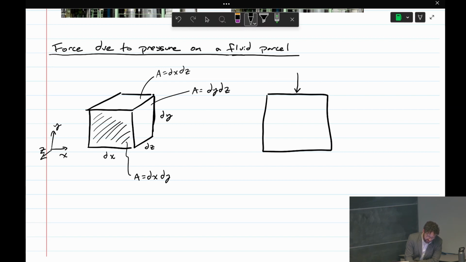So there's going to be a pressure applied there, which is going to create a force. Same thing at the bottom and the left and right sides of the cube. So I'm absolutely clear, the pressure force there is actually coming from the pressure acting on the right side of the cube. And same thing with the left side of the cube and the top.